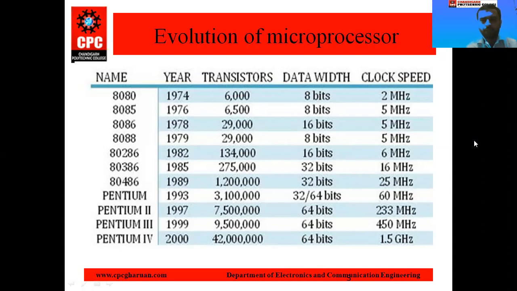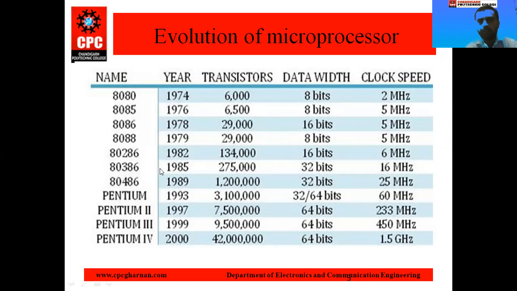Clock speed depends upon the processing speed of your microprocessor and its transistors. The more transistors formed in a single chip, the more the processing speed increases. As you can see, after 8085 came 8086, then 8088, then 80286, 80386, then 80486.